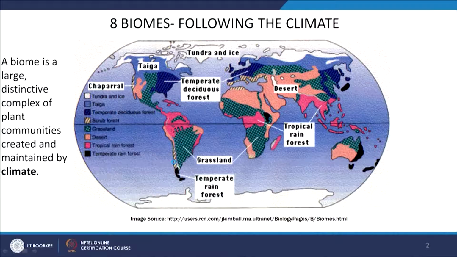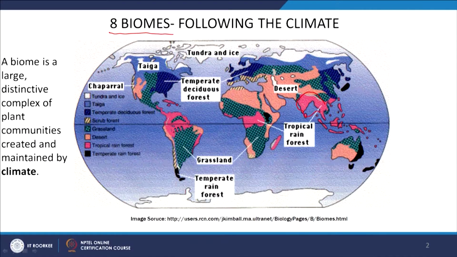And if you look at it, the very fundamental aspect is we have divided into 8 biomes, which follows upon the climate. So what is a biome? A biome is a large and distinctive complex of plant communities created and maintained by the climate.